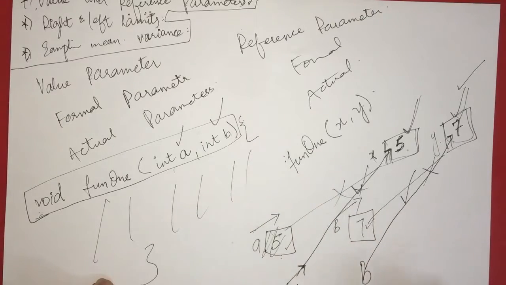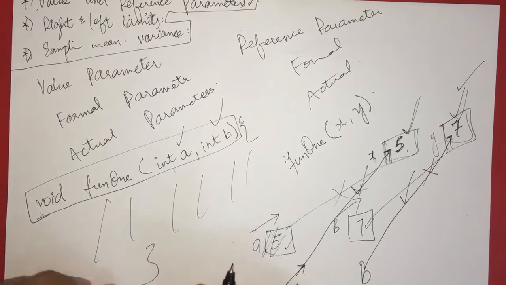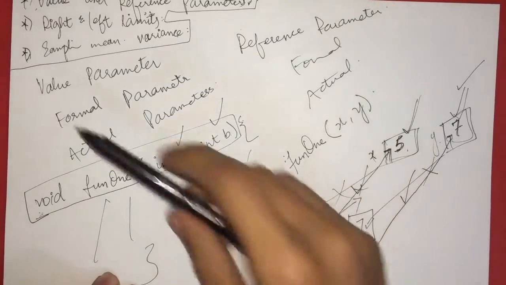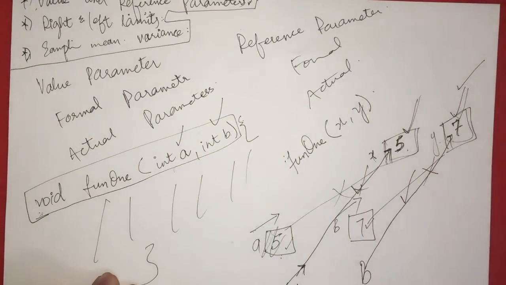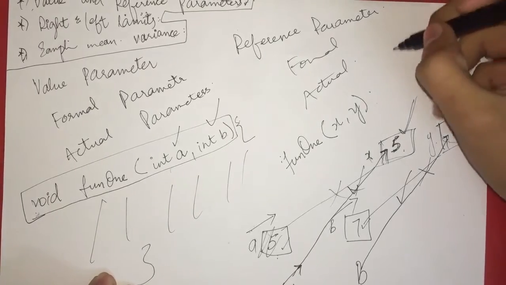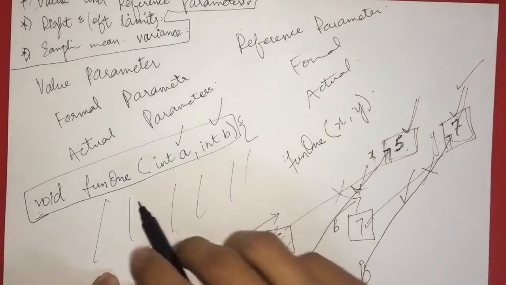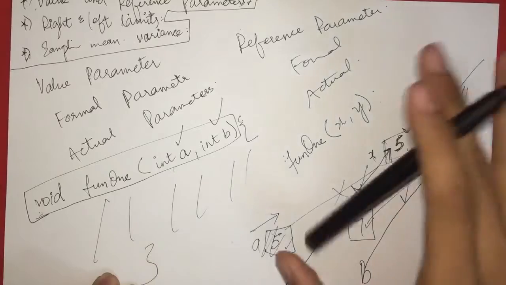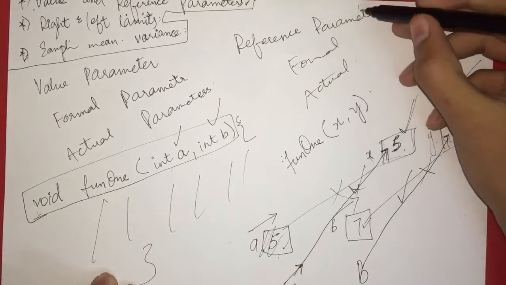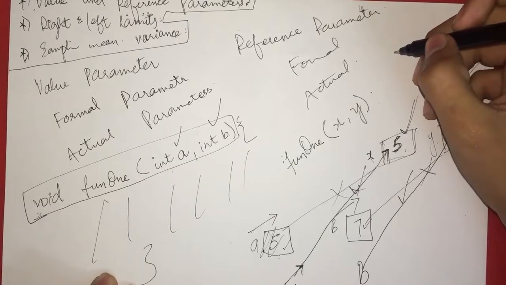Let me tell you how you can write the syntax to differentiate between a value parameter and a reference parameter. It's pretty simple. In a function call, the calling process is the same, but the difference comes when you declare the function.